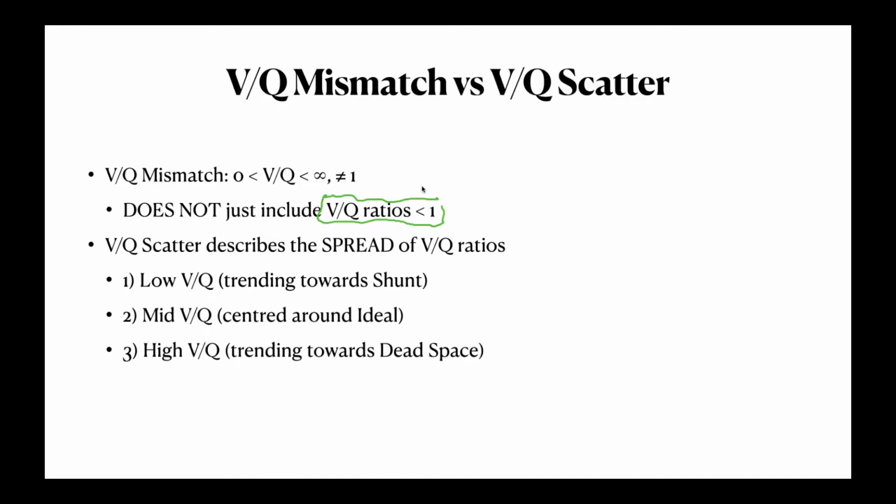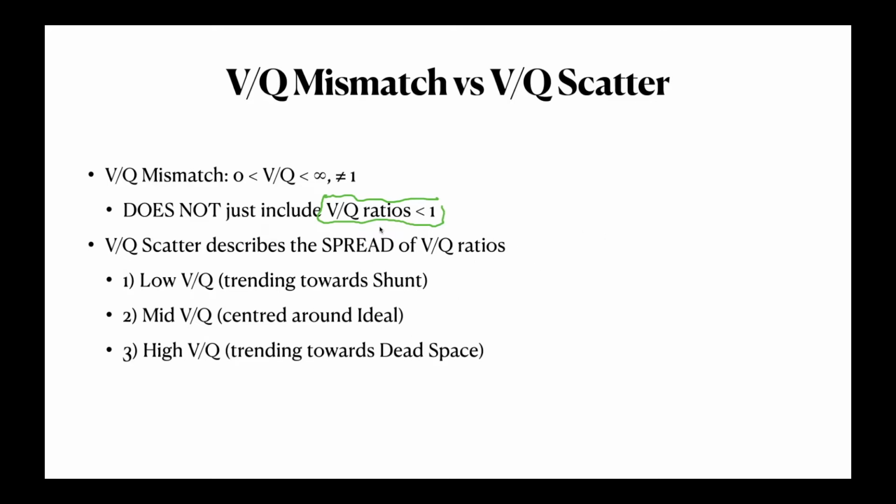Now you hear the term VQ scatter being used. So VQ scatter represents the spread of VQ ratios. In other words, when you've got an increase in VQ scatter, it means you have an increase in the spread of VQ ratios.